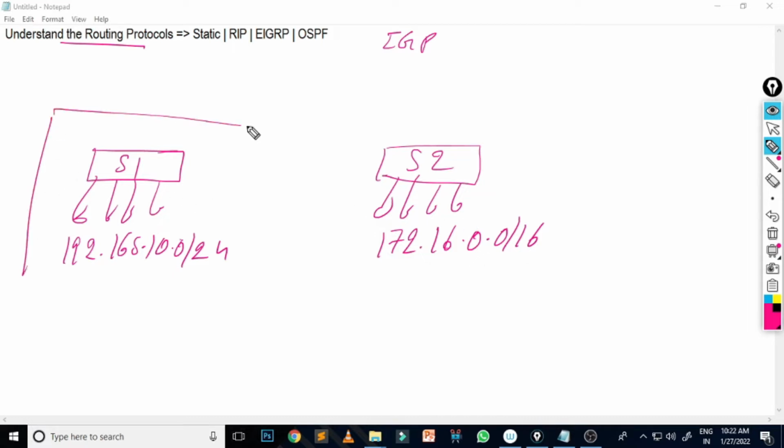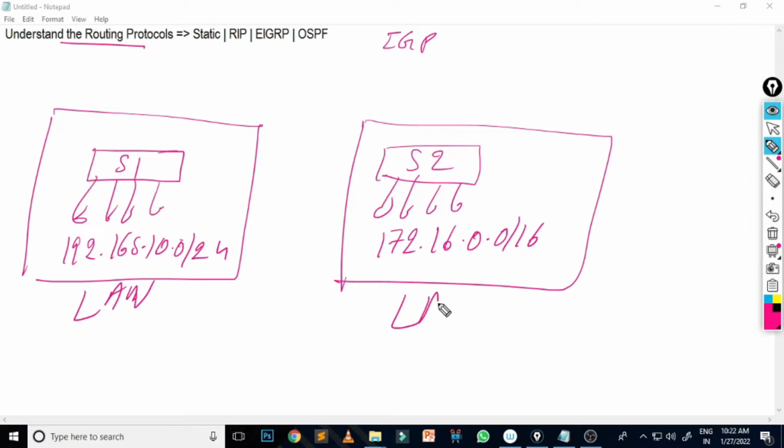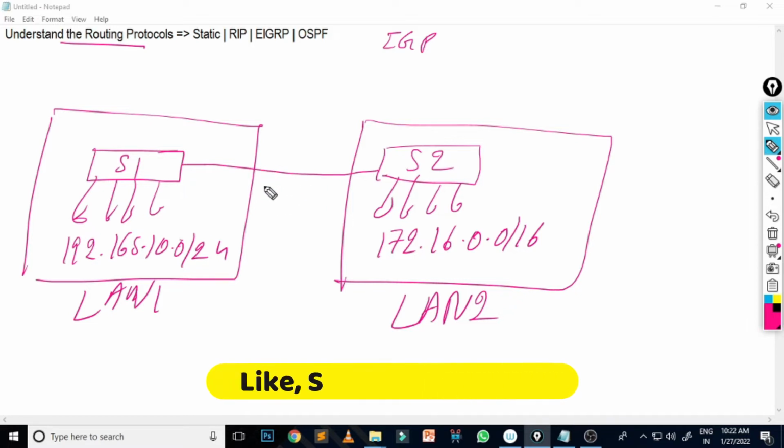So this is a separate local area network, right? And we have another local area network. If local area network number 1 wants to communicate or transfer data to local area network number 2, definitely we cannot transfer directly. If we connect both the switches directly with fiber or copper, whatever the media is, they cannot communicate directly, switch number 1 and switch number 2.